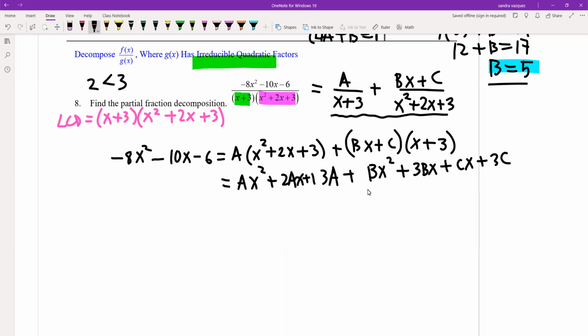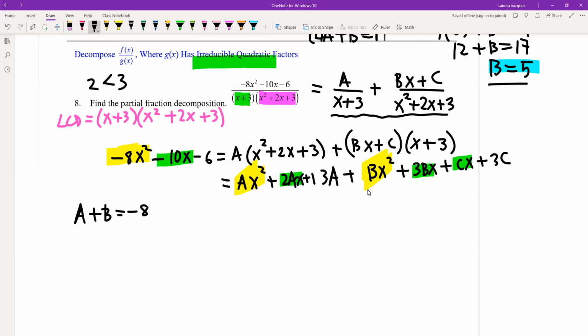Okay, so now I need to find everything that has an x squared. This one has an x squared and this one has an x squared. And so then that will be a plus b, equal to negative 8. The next one will be anything that has an x. This one has an x, this one has an x, and this one has an x.